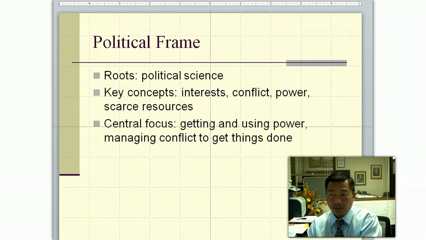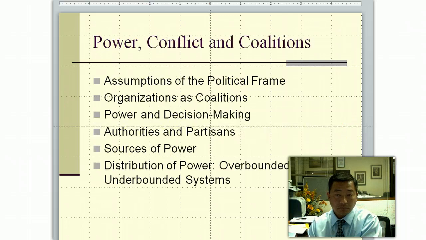The central focus of the political frame is getting and using power and managing conflict to get things done, mostly to satisfy personal agendas. Katherine Miller describes these approaches in chapters 6 and 9 as critical approaches in conflict management processes.